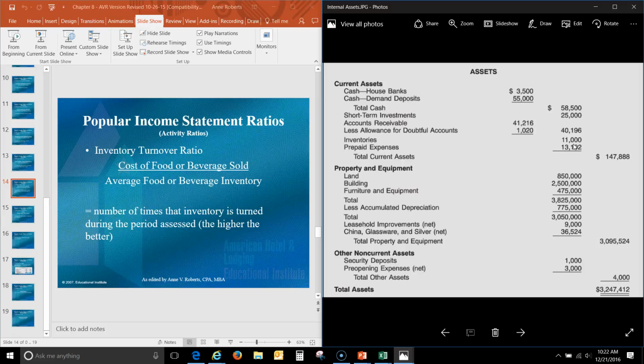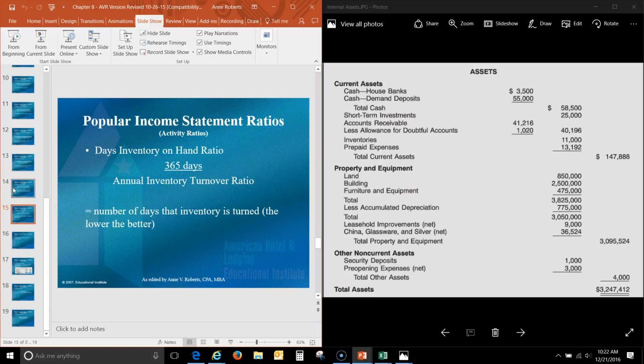Okay? All right, then, so you know it's coming up. So now we've got days inventory on hand ratio. Now again, don't lose the picture of what's actually happening in the ratio.